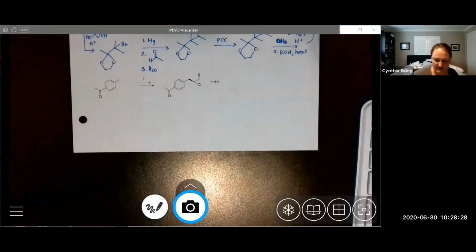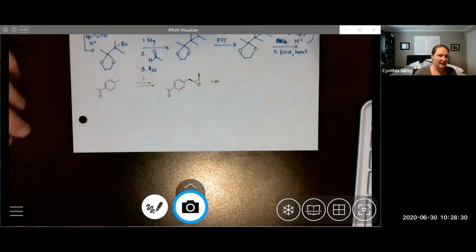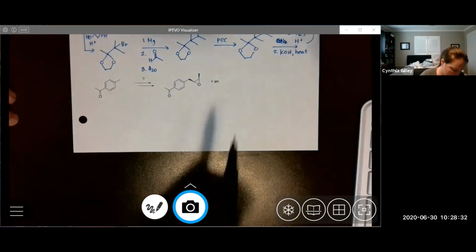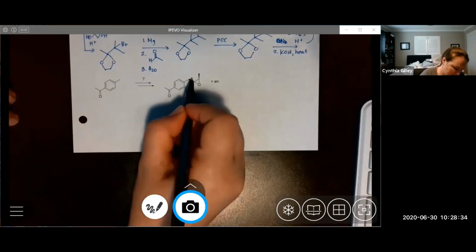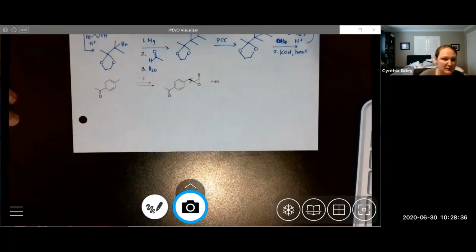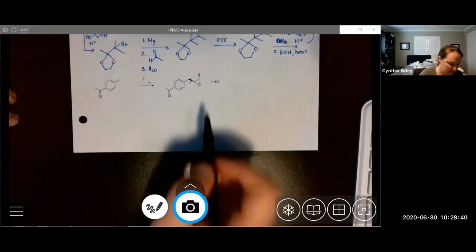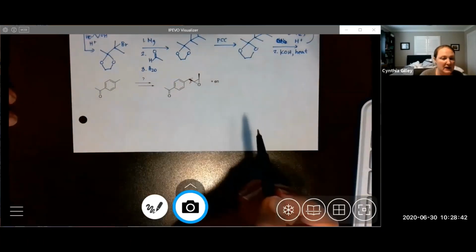Last one here. So now it looks like we need to make this new carbon-carbon bond. We introduce 3 more carbons and eventually get an epoxide. So we know that we can form epoxides with MCPBA through an alkene intermediate. Maybe the alkene came from an alkyne.